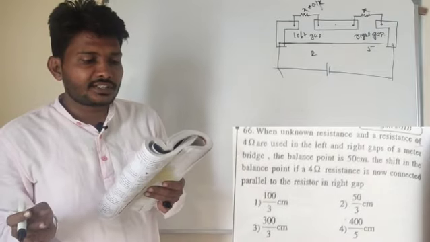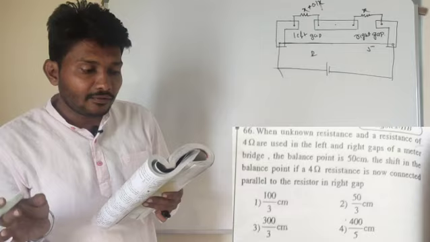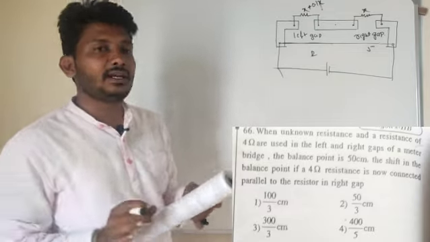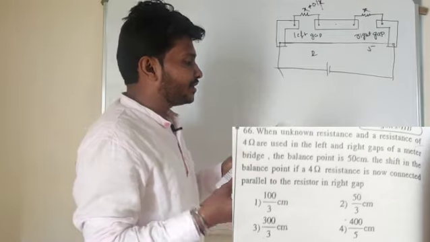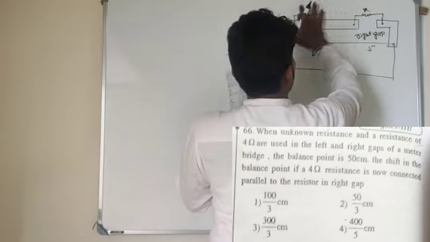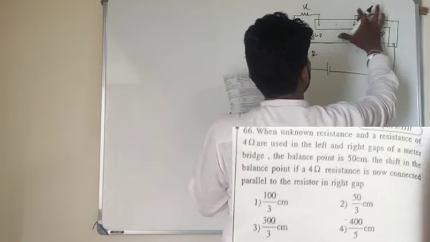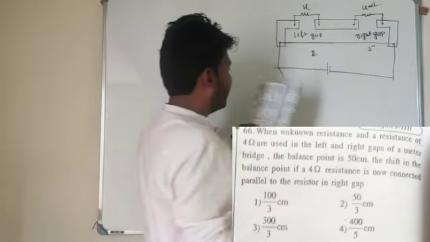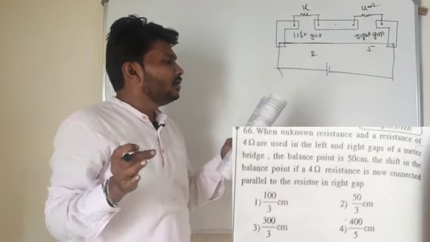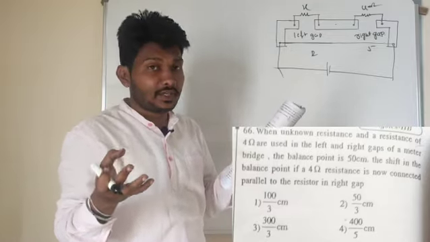When an unknown resistance and a resistance of 4 ohm are used in the left and right gap of the meter bridge. So let me read out the question once again here. In the left gap I will take the unknown resistance as X here. In the right gap I will connect the 4 ohm resistance. Used in the left and right gap of the meter bridge, the balancing point is at 50 centimeter.